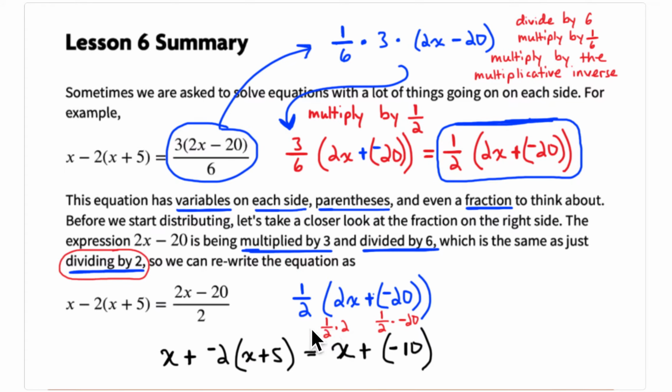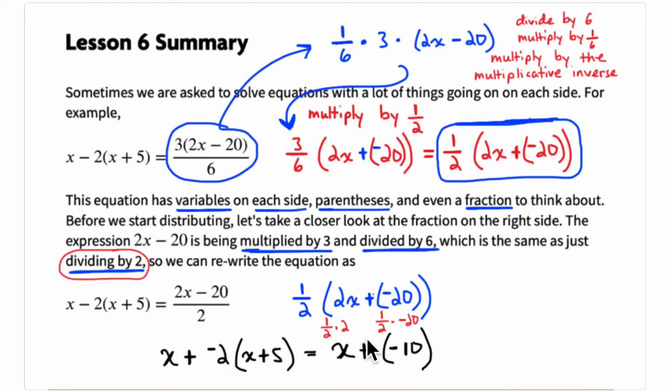All right. So I ended up with 1/2 times 2x plus a negative 20. That's this right here. And this is the same as this expression right here. And so now x plus a negative 2. So I'm going to change this to adding a negative 2. So I'm going to distribute negative 2 to x plus 5.